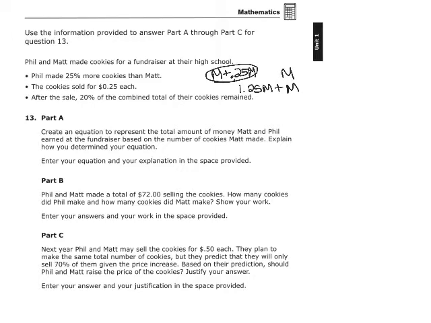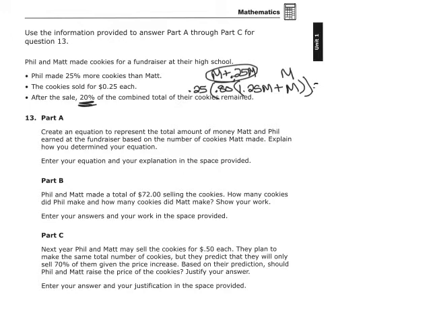And they only sold 80% of them. So we have to multiply this times 0.8, if that helps you to understand that you had 20% left over, so you're selling 80%, and then you're multiplying that amount that you sold times 25 cents a piece.